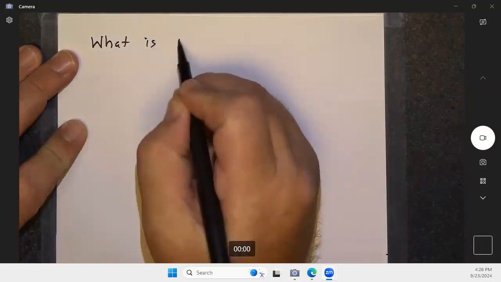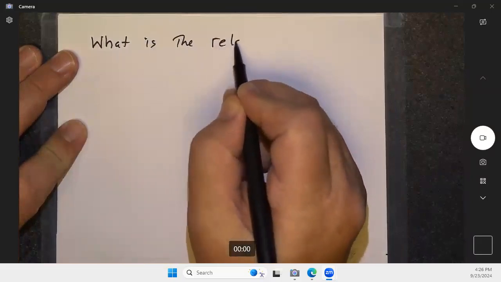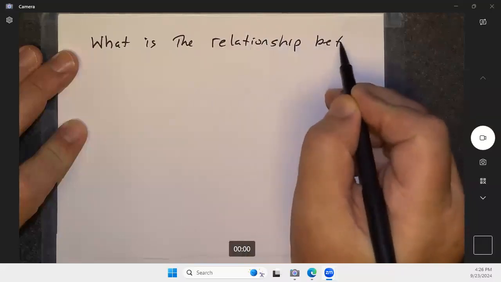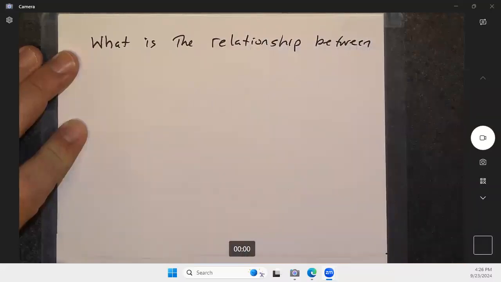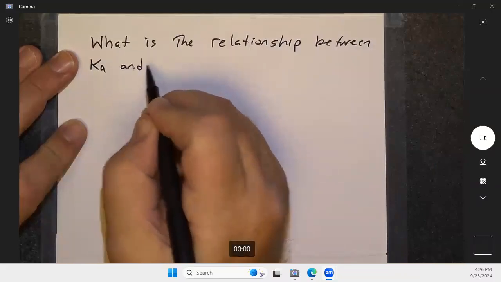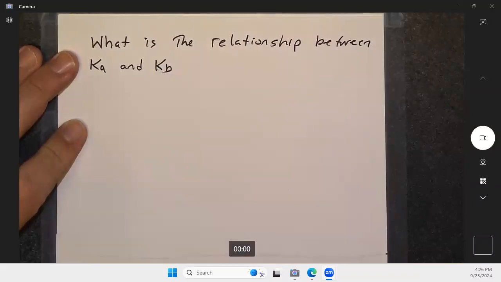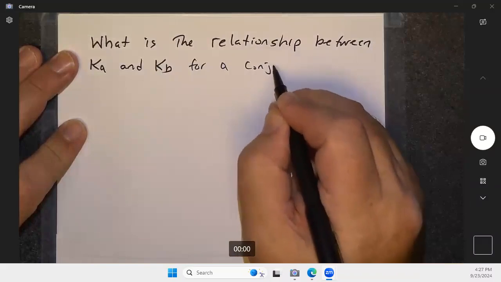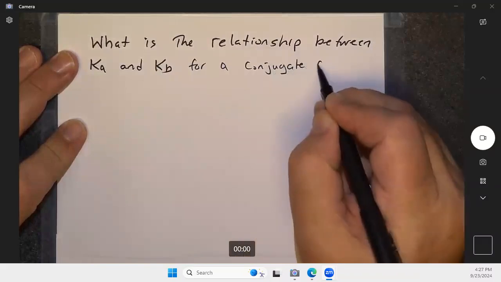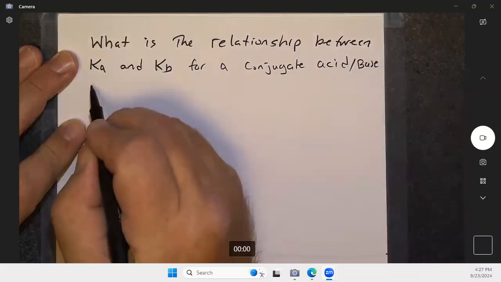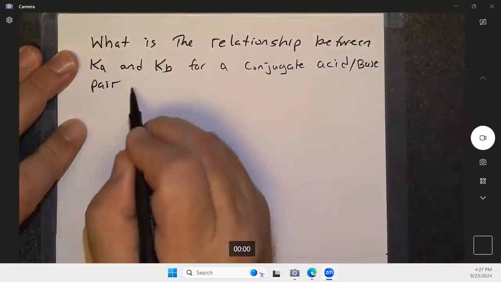What is the relationship between Ka and Kb for a conjugate acid base pair?